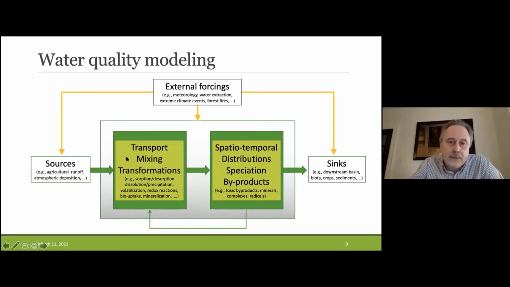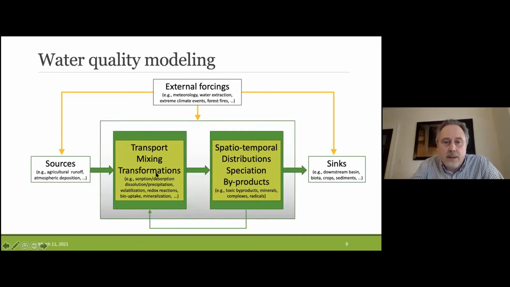You have to have a mathematical representation of the transport and mixing processes, and then account for all the transformations if you're dealing with a reactive constituent. And reactive taken broadly, including also biological constituents of the system.